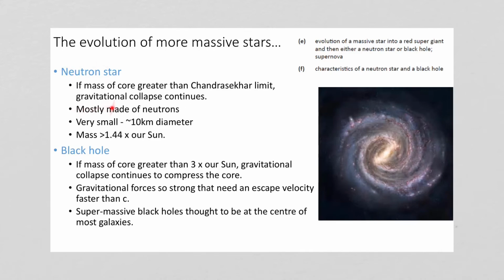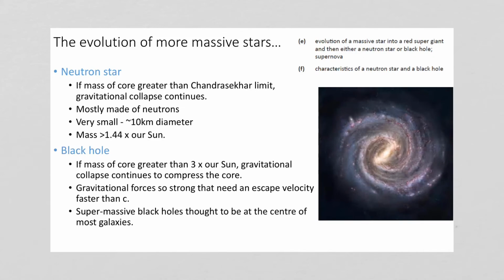And as given by the clue, it is mostly made of neutrons. It's really tiny as well, much smaller than you maybe imagine. And at the same time, also very, very dense.